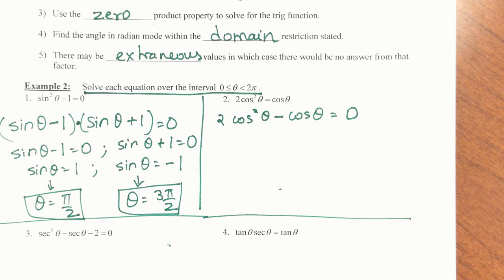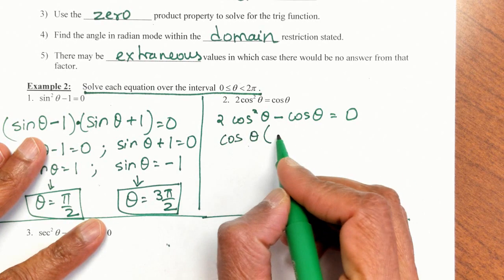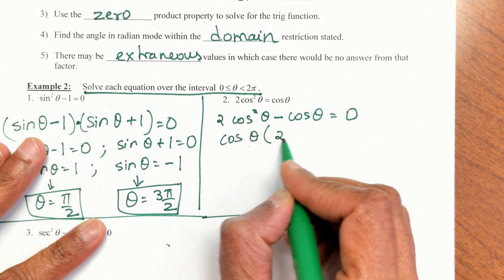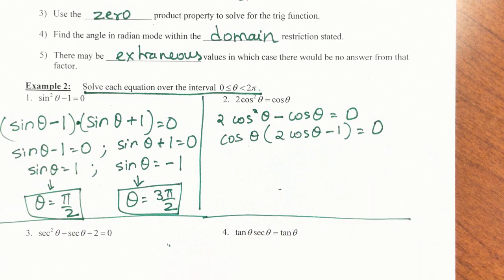Pull out cosine theta, rewrite it and see what the other equation is. So please do GCF. Everybody okay? Please ask me if it's not clear.